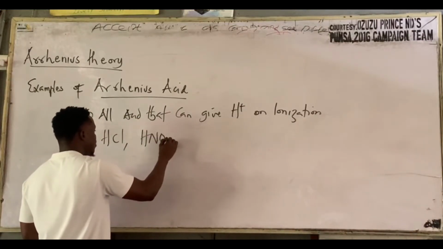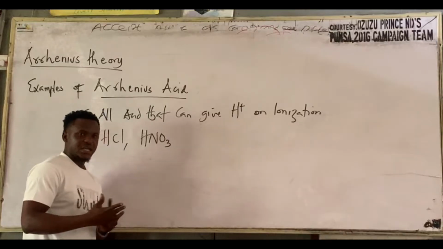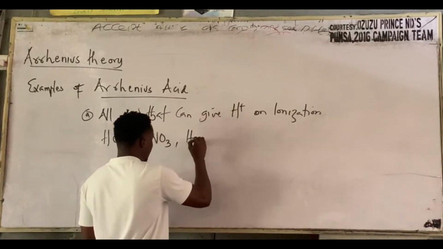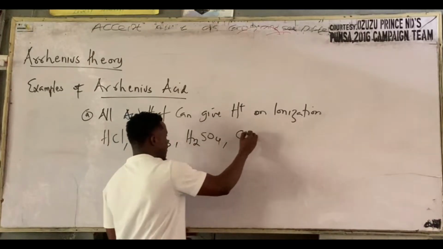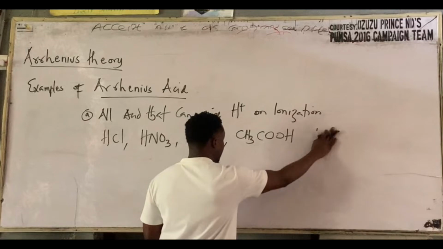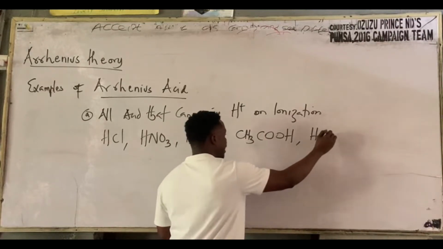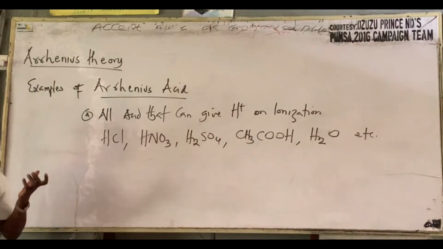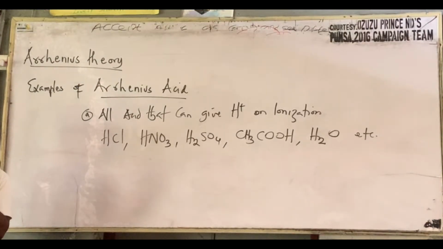Any acid you can think of that can ionize to give hydrogen ion is also considered Arrhenius acid. We have H2SO4, we have CH3COOH. The list is endless. Now these are examples, and there's nothing spectacular about Arrhenius acid, but there is something spectacular about the base.